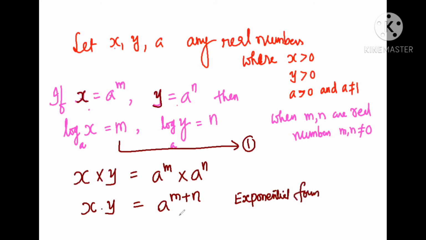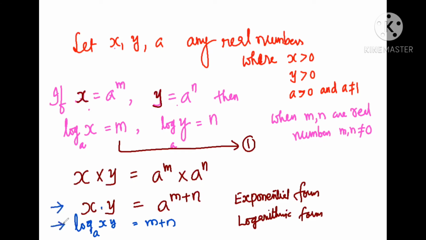Now let us write the logarithmic form of this exponential form. How to write the logarithmic form of this exponential form? Here this is a number, so logarithm of xy is equal to the exponent m plus n to the base a. This is the exponential form, this is the logarithmic form.